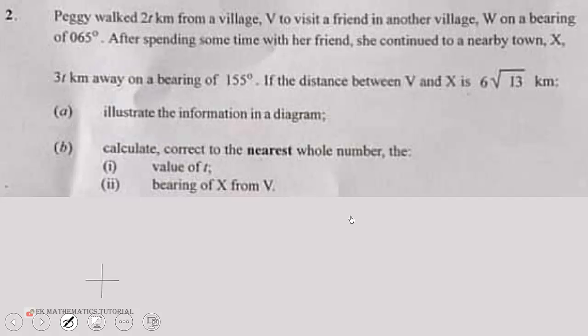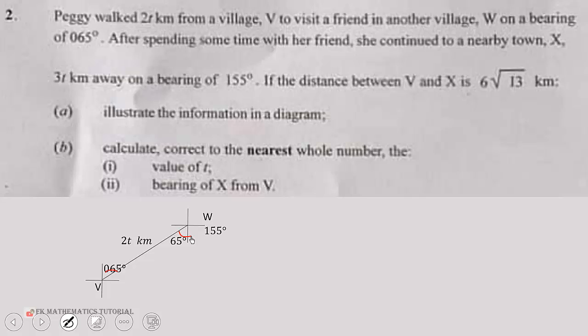So let's say this is point V. On a bearing of 65 degrees, she walked to another point W, so the distance there is 2t kilometers. Now using alternate angles, this angle will be equal to this angle here, which is 65.